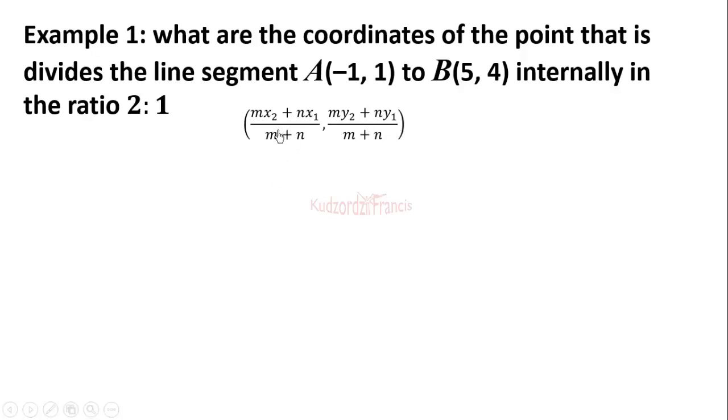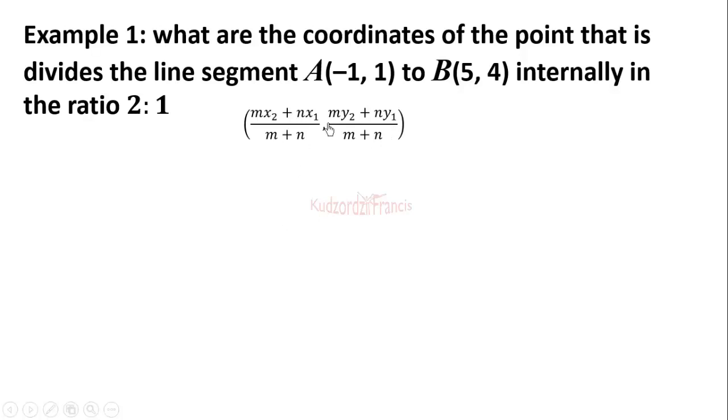So remember that the first ratio multiplies the second coordinate, and the second ratio multiplies the first coordinate. The same thing applies to the y. The first ratio m multiplies the second coordinate of y, and the second, rather, multiplies the first coordinate of y.